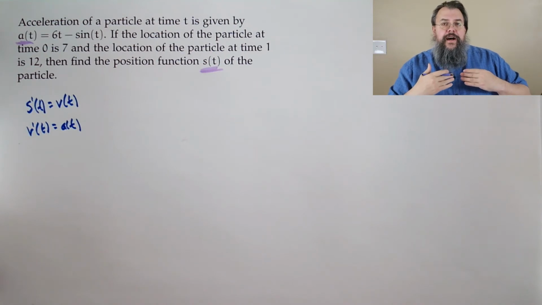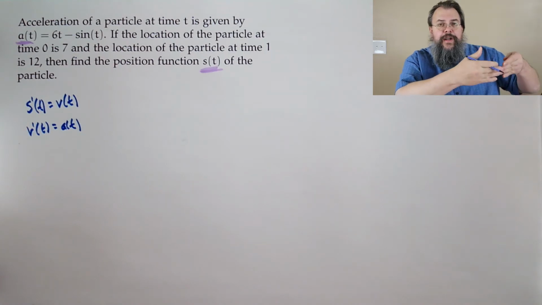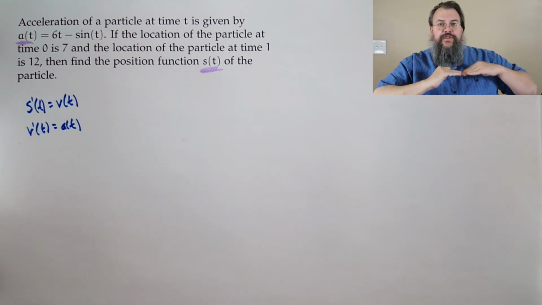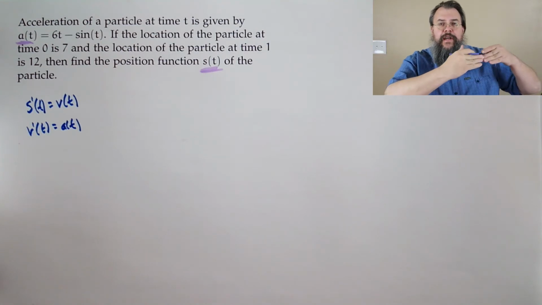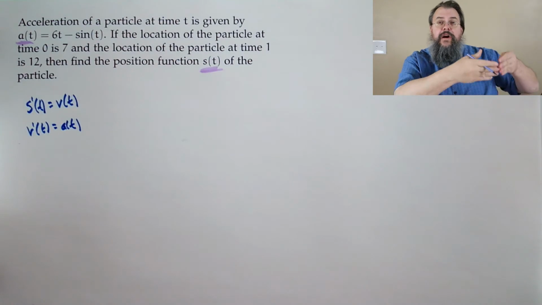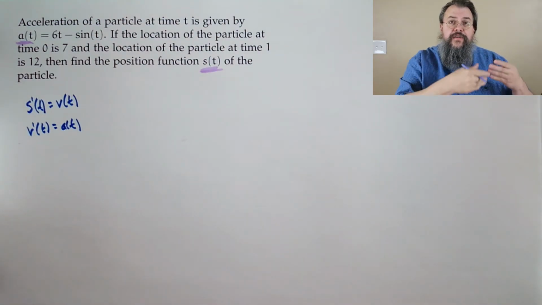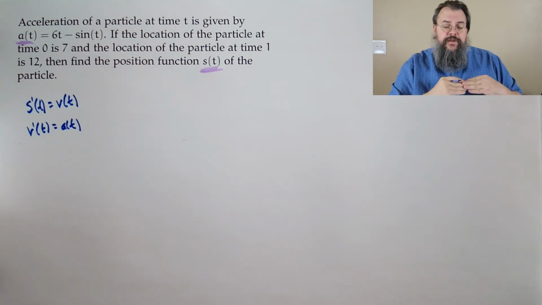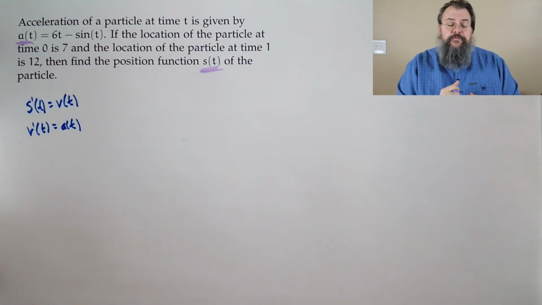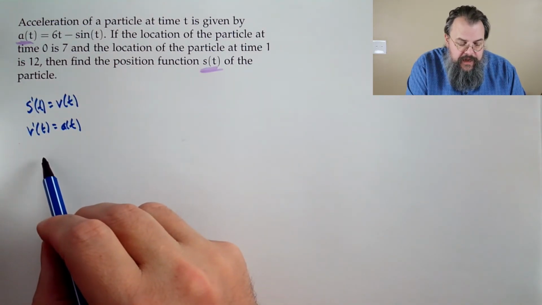So we want to go back 2 steps. Start with acceleration, take one antiderivative, we'd be at velocity. Start with velocity, take an antiderivative, we'd be at position. So we say, great, we have a plan. Let's work through our plan.